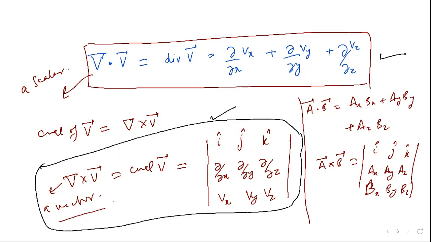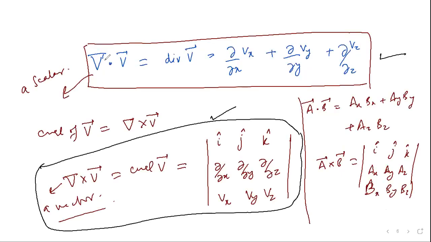There is another thing, let me do that also. That's called a Laplacian. I said this is divergence. I should write here: divergence of V. This was curl of V. Divergence of V is a scalar.